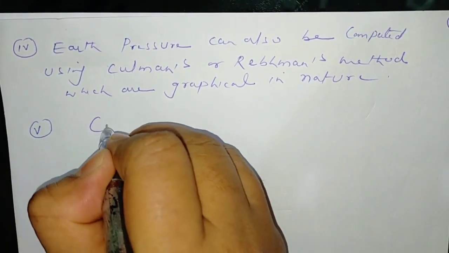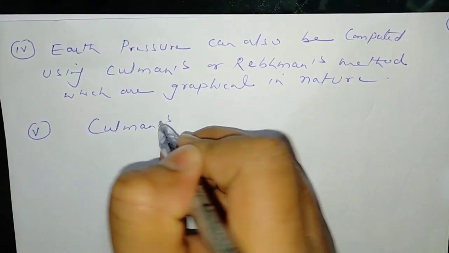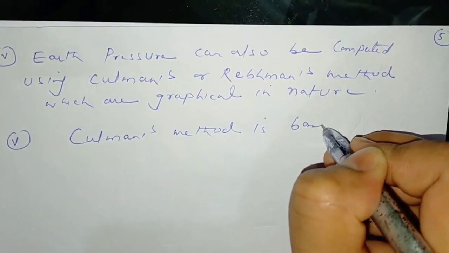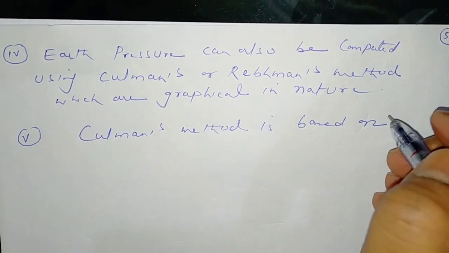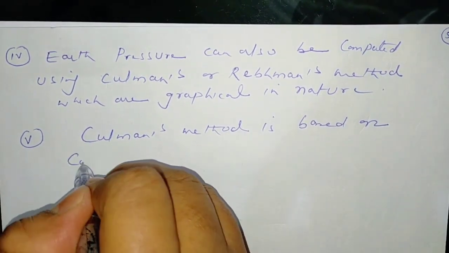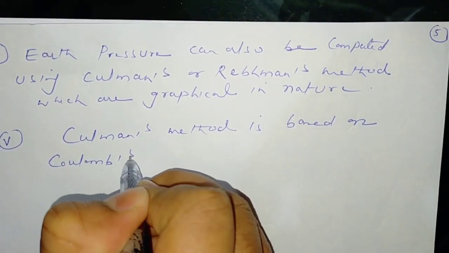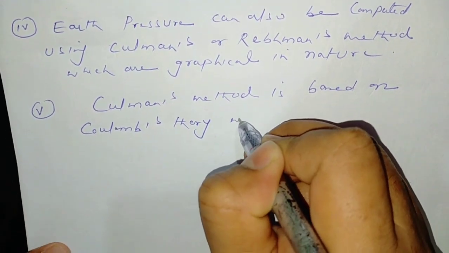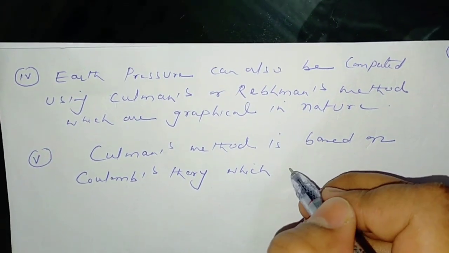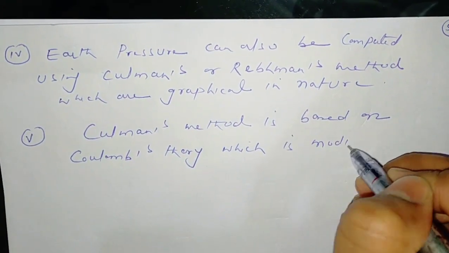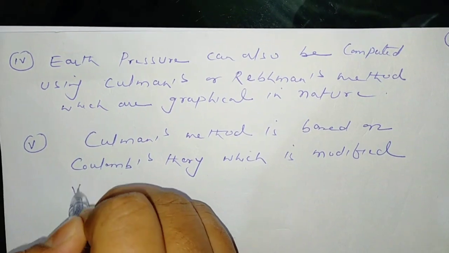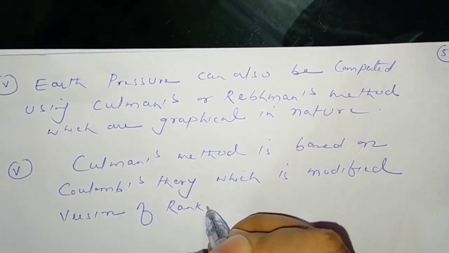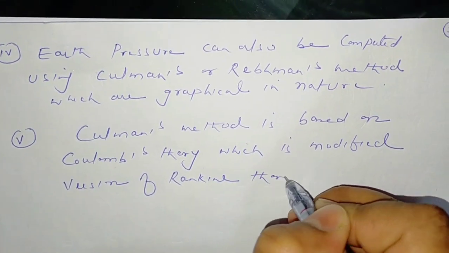Fifth, Culmann's method is based on Coulomb's theory, which is a modified version of Rankine theory.